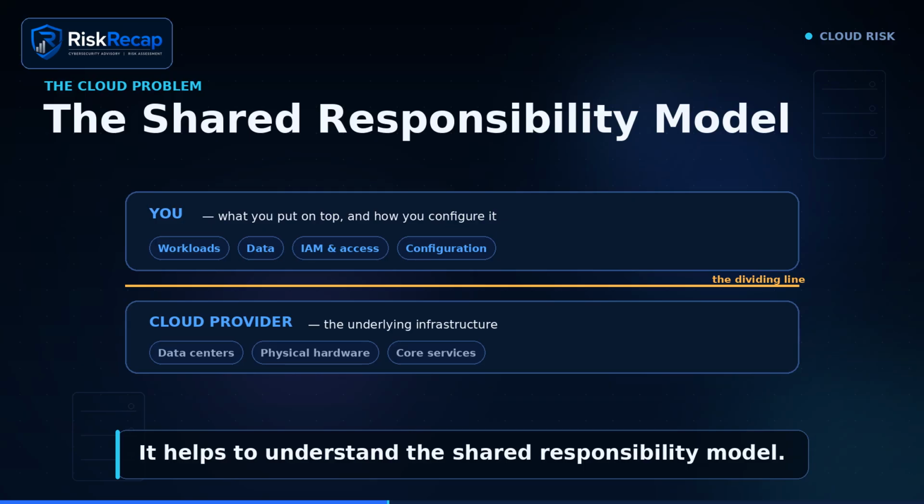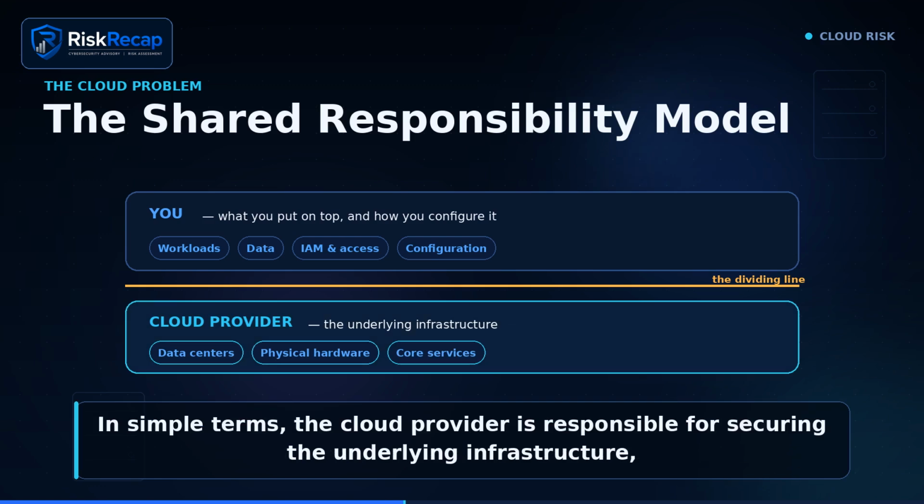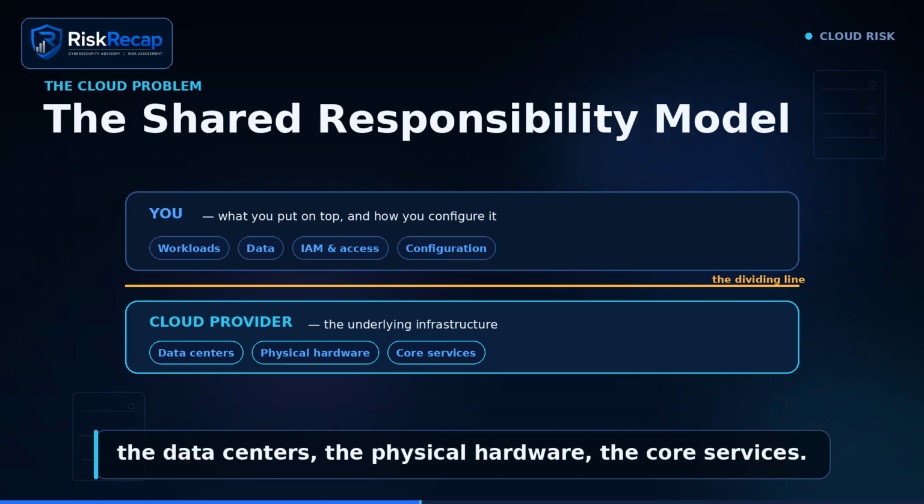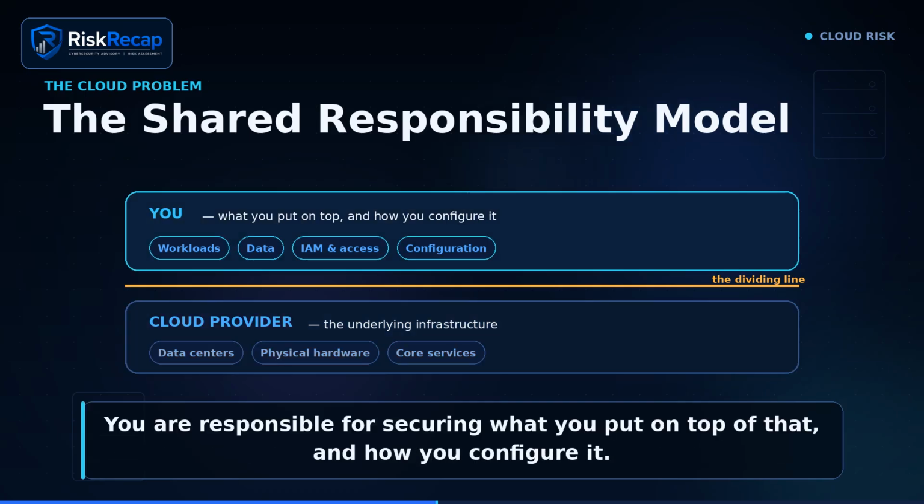It helps to understand the shared responsibility model. In simple terms, the cloud provider is responsible for securing the underlying infrastructure, the data centers, the physical hardware, the core services. You are responsible for securing what you put on top of that and how you configure it.